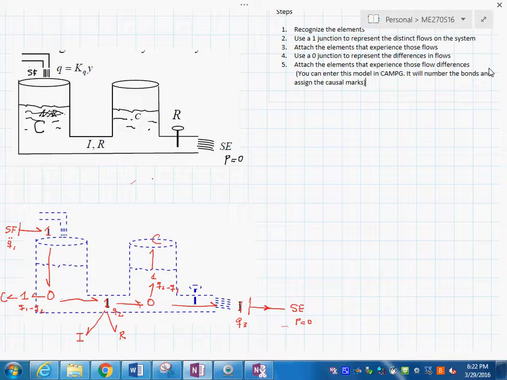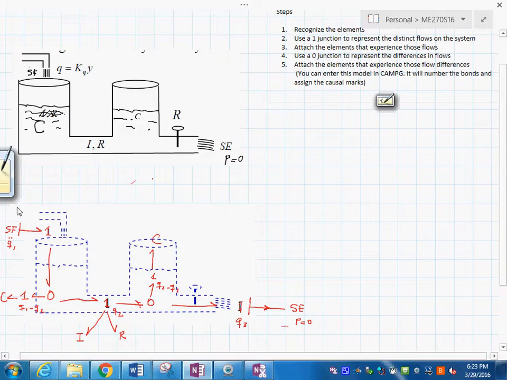Just very small things, but, like I say, you don't really need to do. However, just as a matter of practice or convenience, to practice the assignment, we could actually do that. But this is something that CAMG is going to do.